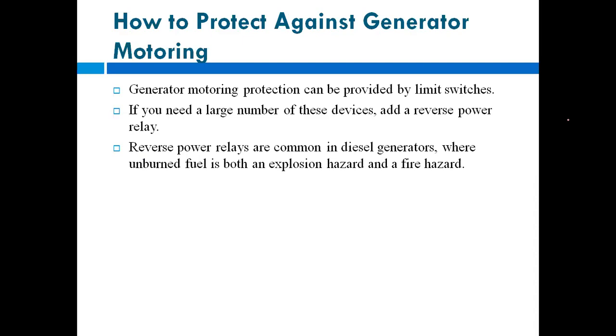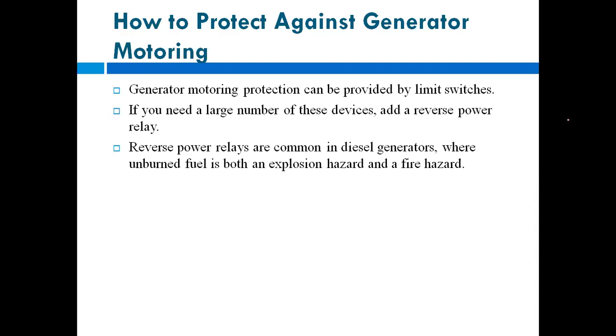So we are using reverse power relays, meaning the reverse power flow, the generator acting as a motor, will be detected by that relay, and that relay will operate. These reverse power relays are common in diesel generators, where unburned fuel is both an explosion hazard and a fire hazard.